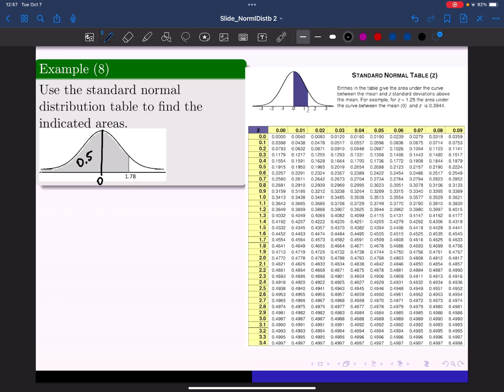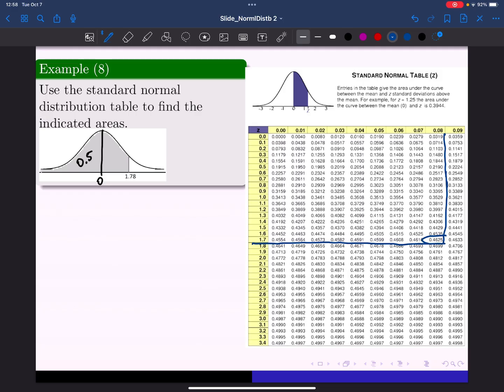So let's go. We're going 1.7, and we need to get to the intersection of 8. So that's going to be my score, 1.78, and we're going until the intersection of 8, so it's right here.